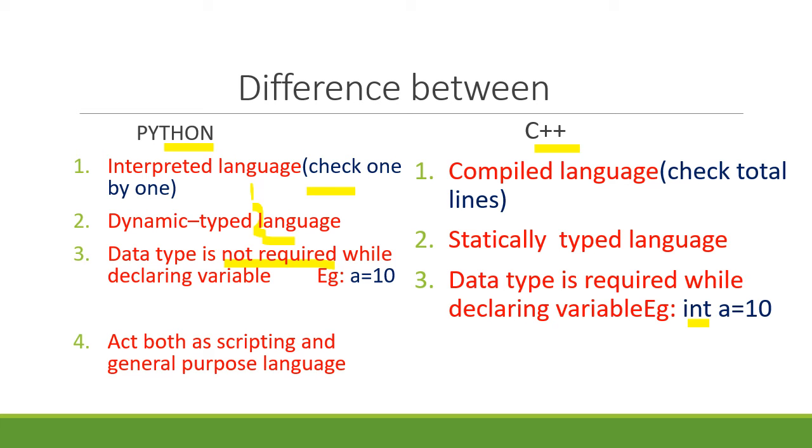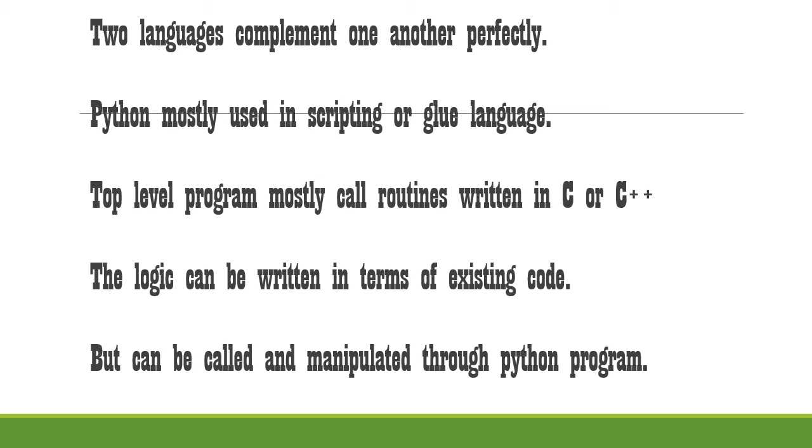And fourth, Python acts as both a scripting and general purpose language, but C++ acts as a general purpose language only. So these two languages complement one another perfectly.